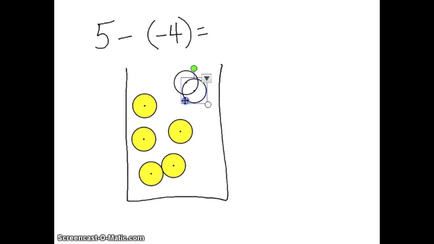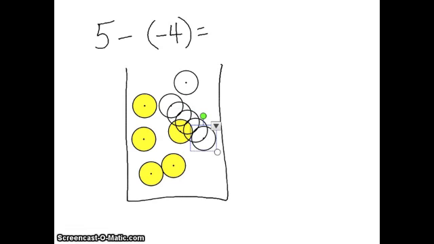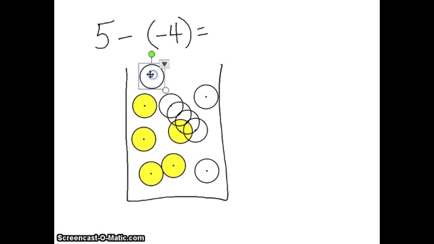So there we go. We'll add one more positive and negative. And we'll add 2 more, and then 2 more, and then 2 more. And we'll just sort these all out right here. I think I made my jar too small, but that's okay.